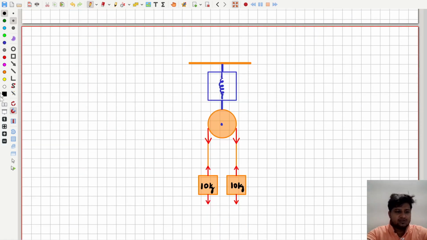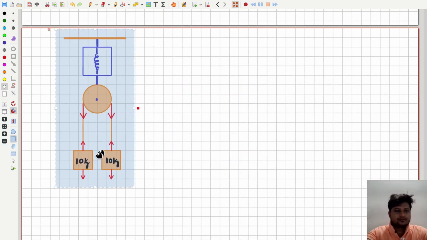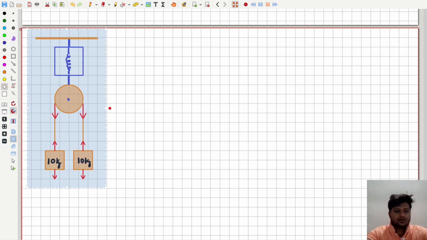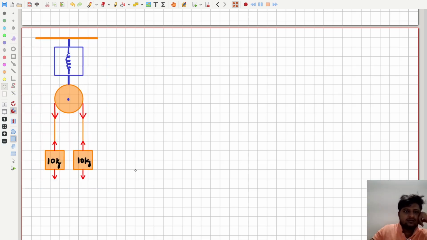Take the same example. Okay. And write over here, instead of 10 kg, write 20 kg. Be fast, a little bit faster. Now again same thing, find the reading of the spring balance.